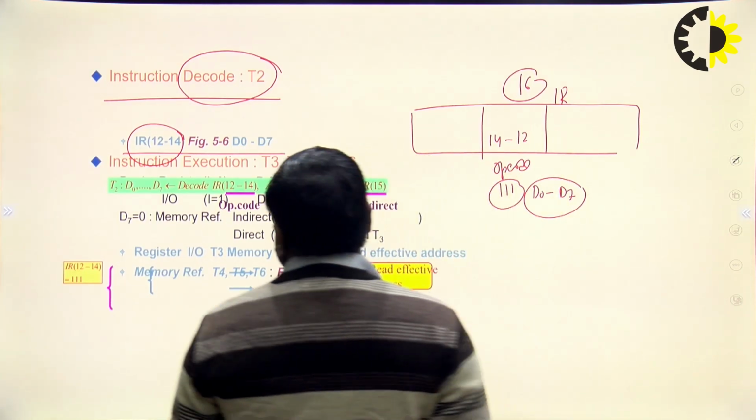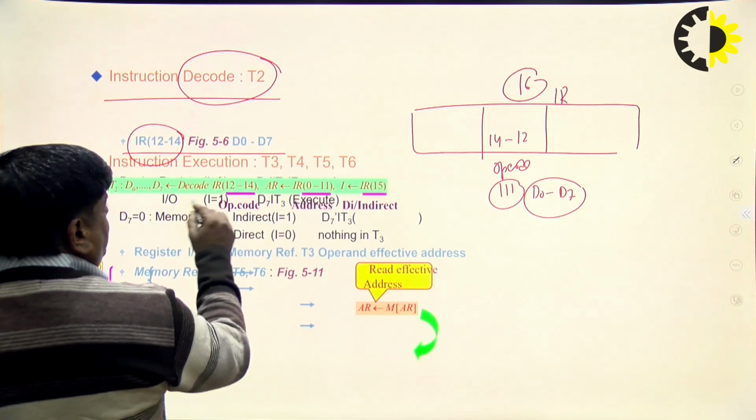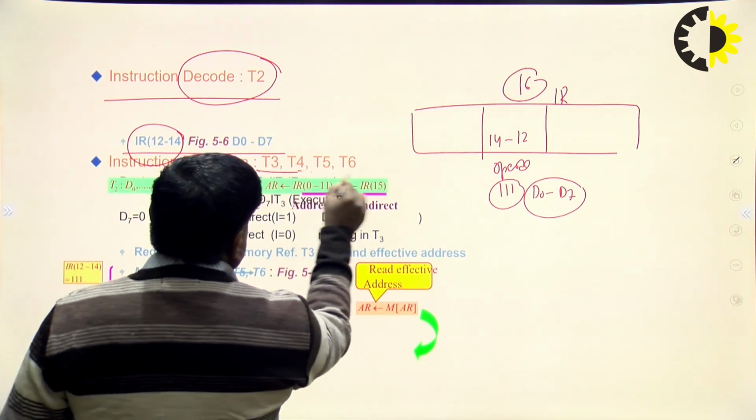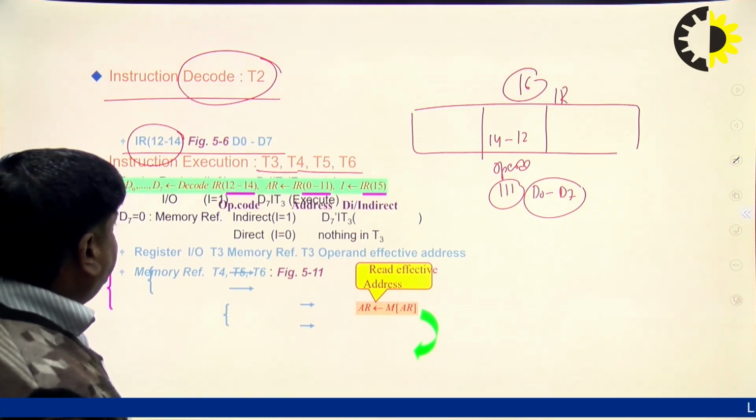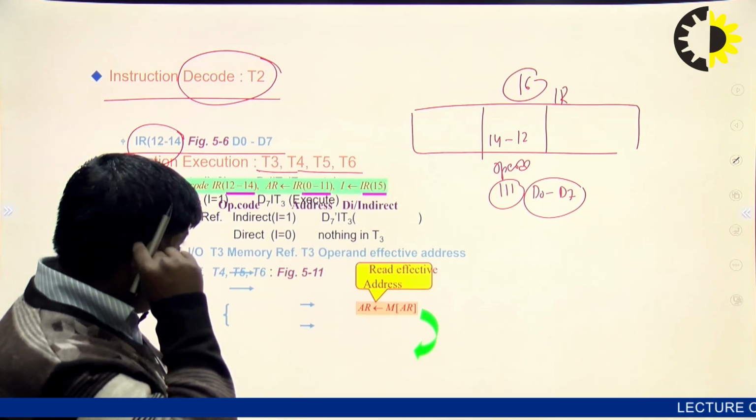This one is decoding. Instruction execution takes time, we will discuss it later. First we discuss the decoding of the instruction.